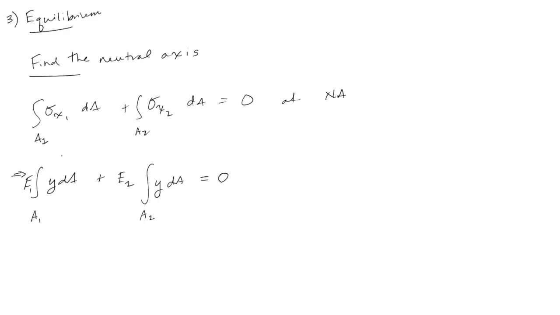And this, of course, is just Q, the first moment of area. So we have E1 Q1 plus E2 Q2 had better be equal to 0.